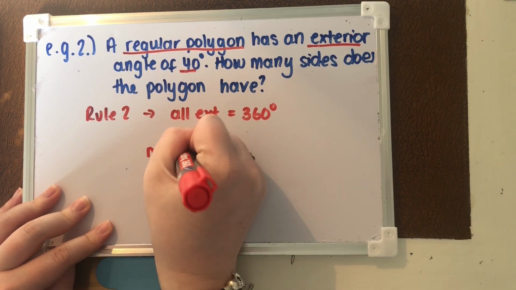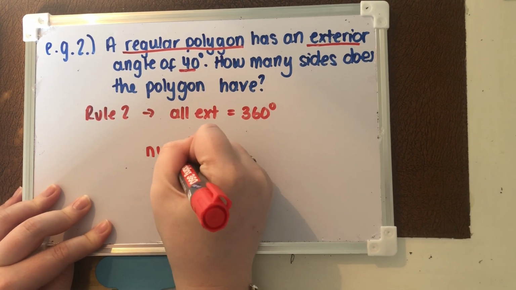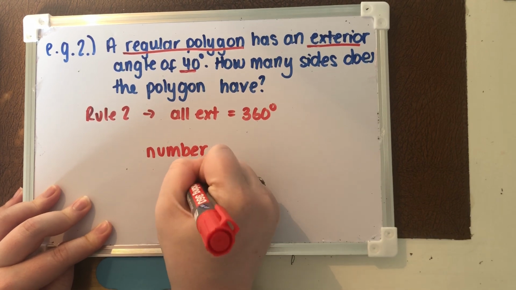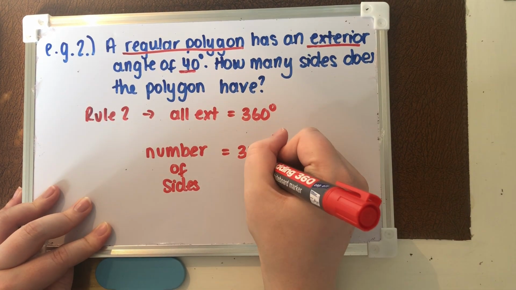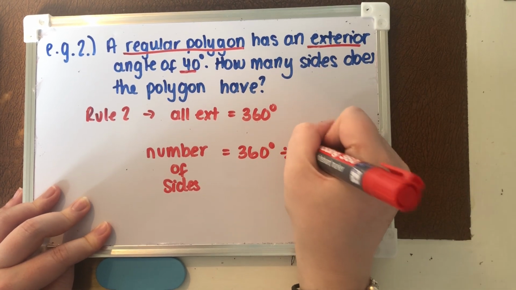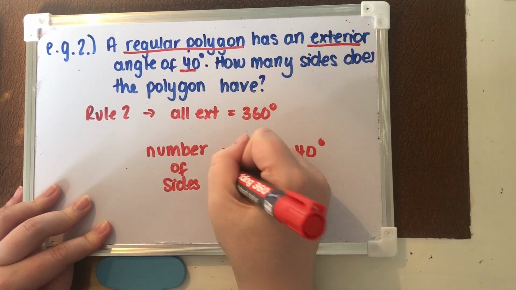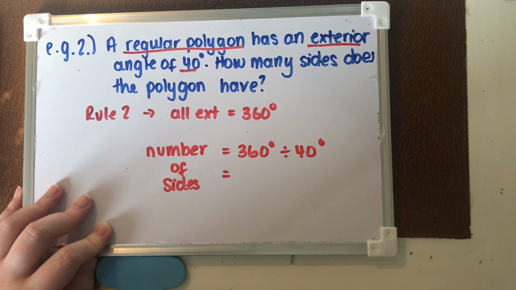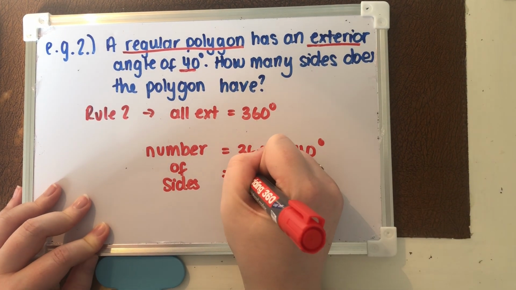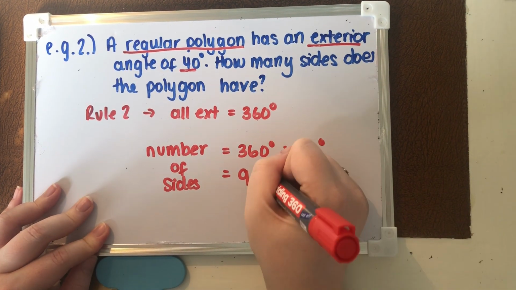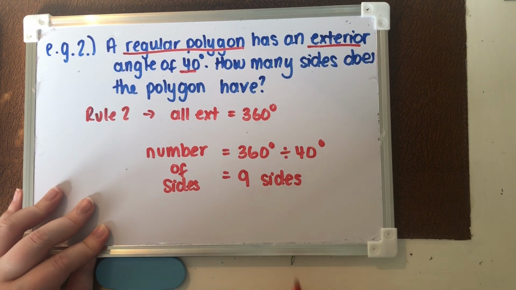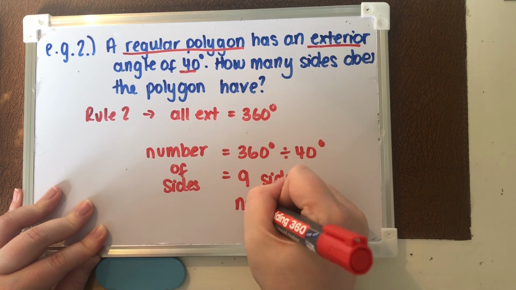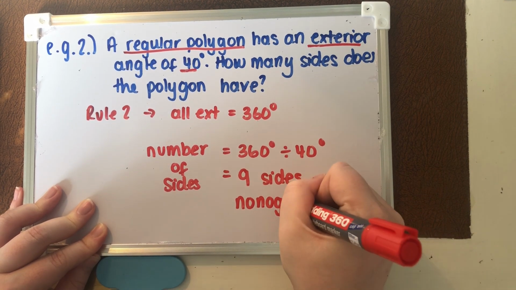So the number of sides is going to be 360, which is the total of all the angles, divided by 40, because we know each one's going to be 40 degrees, so we just need to see how many go into that. If we divide those, that gives us 9. So that means this is going to be a 9-sided shape, and if you want to know what that's called, it's called a nonagon.